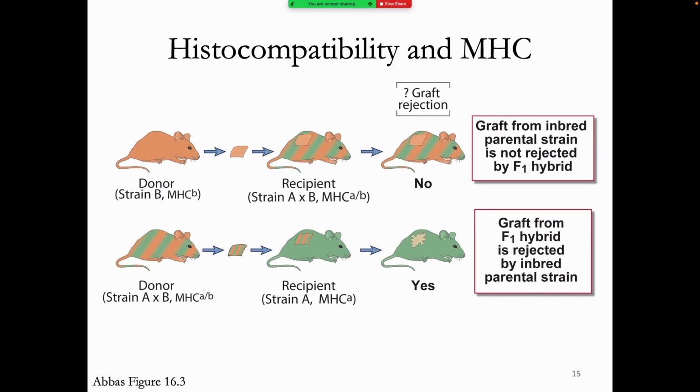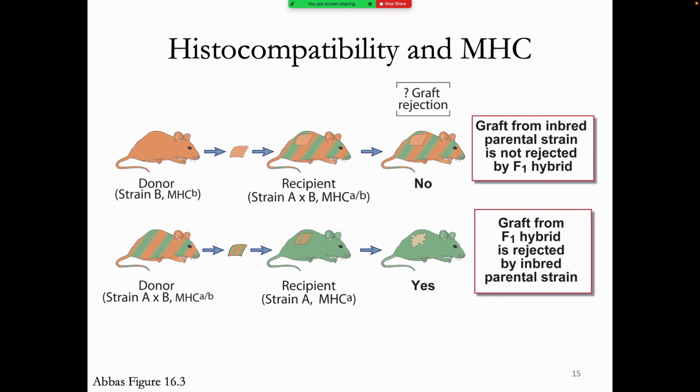In those experiments, people did further work to try to work out the genetics. They found that if they had a mouse of strain B, and it went into a mouse that was strain A times B, the MHC that was on this graft was self, no rejection.